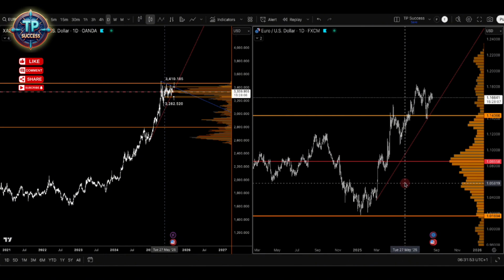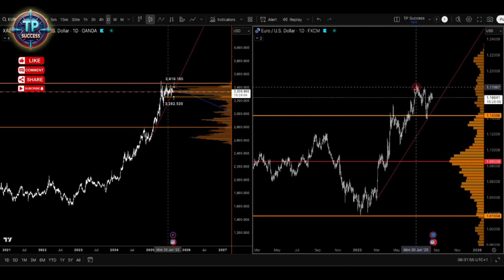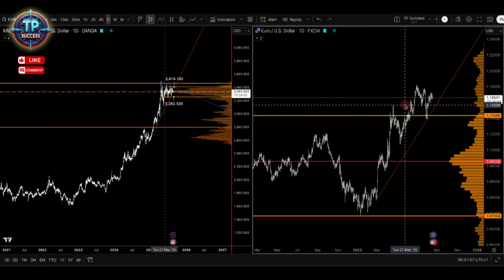And they're similar in the way of, if this is the inverted DXY, when the DXY is down, gold is up. And when gold is up, the DXY is down. Or when the DXY is up, gold is down, right? Basically, it's what we're looking at right now.